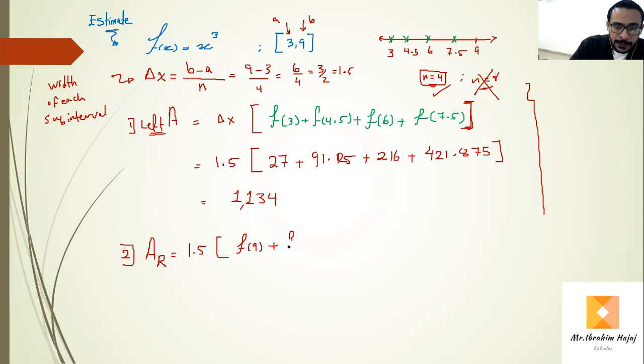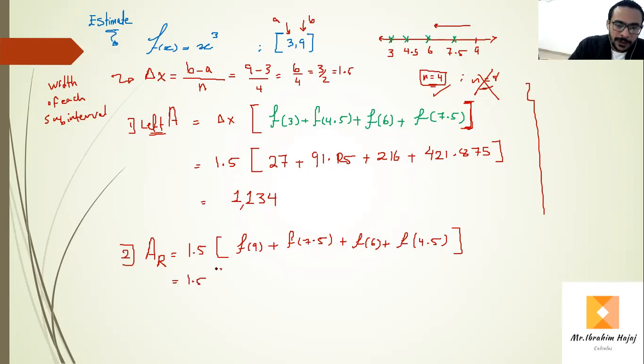Find f of 9 plus f of 7.5 plus f of 6 plus f of 4.5, and don't pick 3. So when you take the left you leave the 9, and when you take the right you leave the 3.